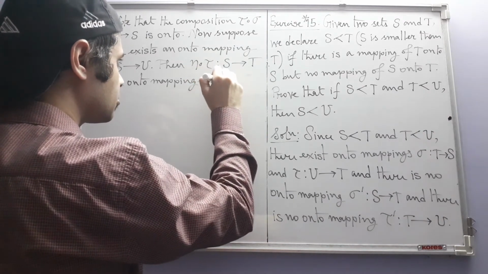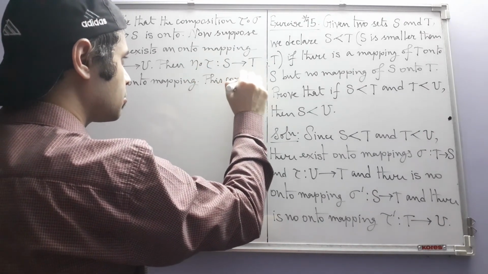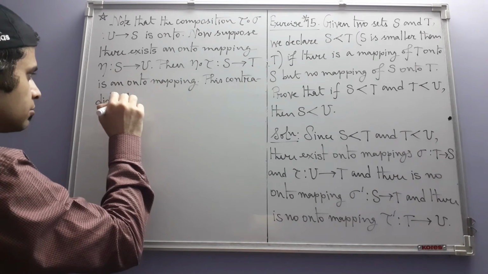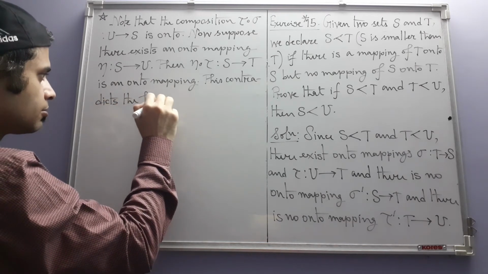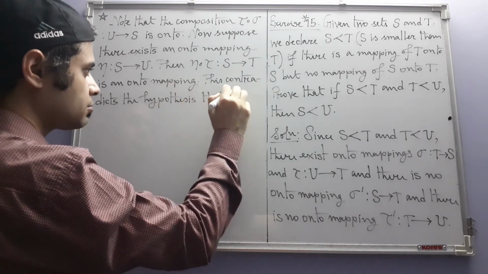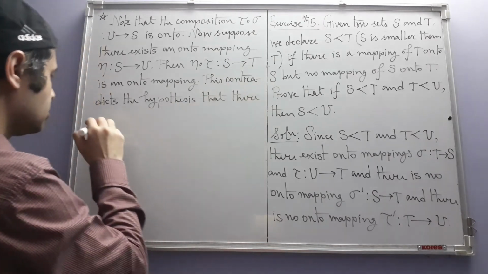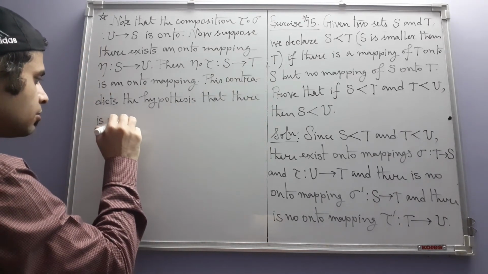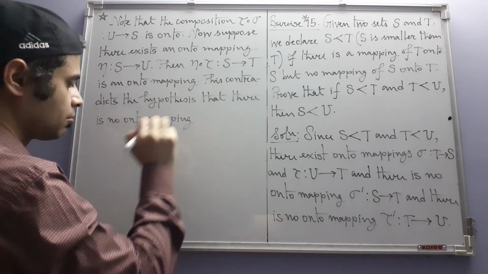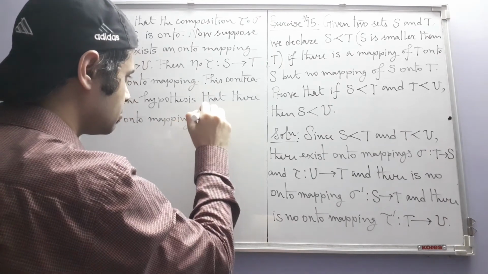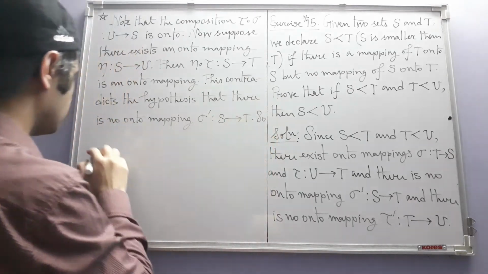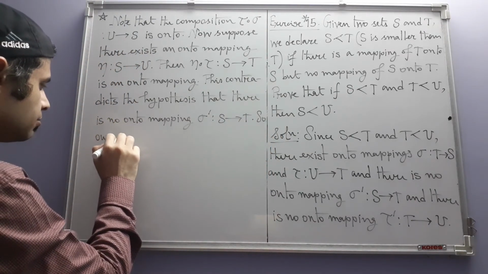This contradicts the hypothesis that there is no onto mapping sigma prime from S to T. So our supposition is wrong.